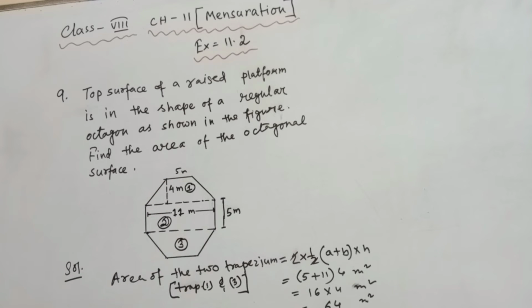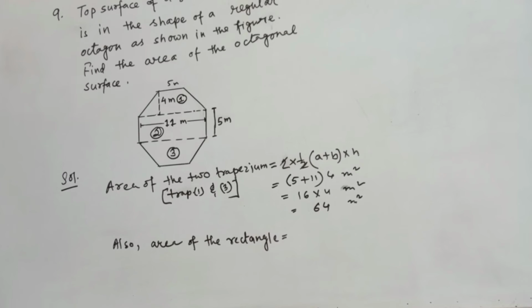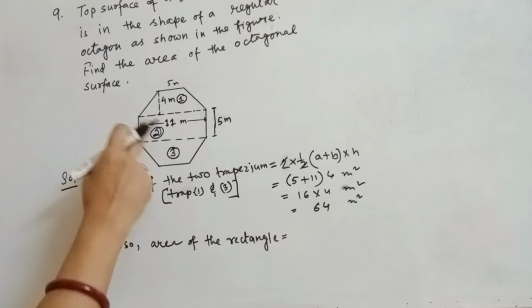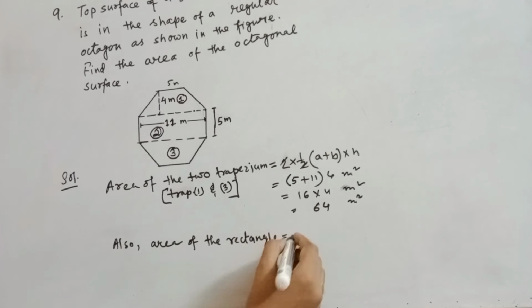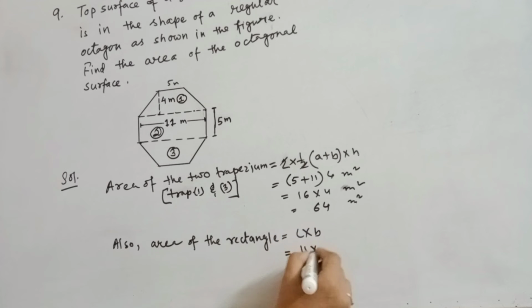Next we have to find the area of the rectangle. You can see that length is 11, breadth is 5. Length into breadth, that is 11 into 5 meter square or 55 meter square.